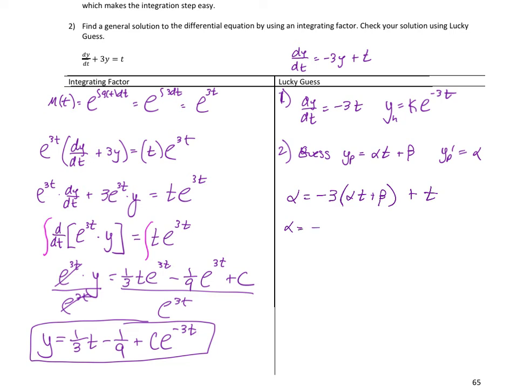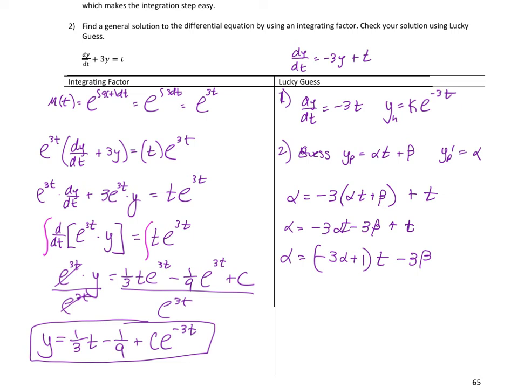Distribute the negative 3, and I get negative 3 alpha t minus 3 beta plus t. Combine like terms, and I have alpha equals negative 3 alpha plus 1 t minus 3 beta.